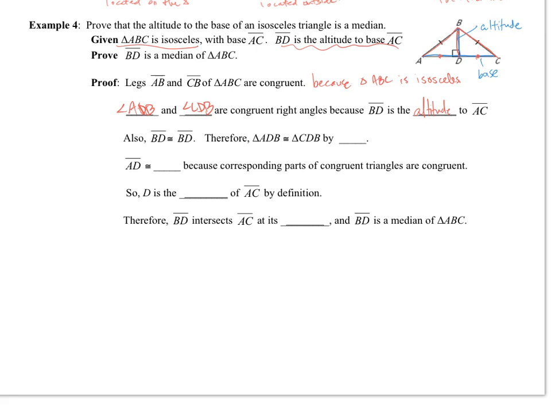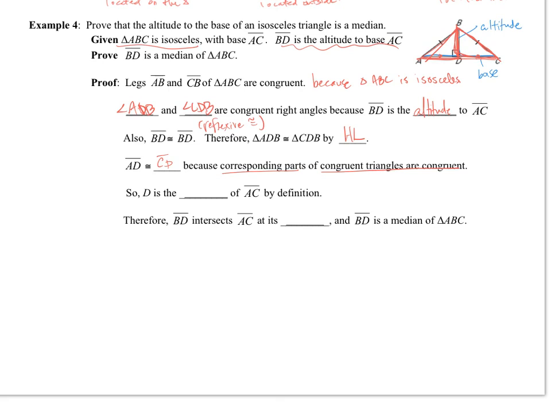And also by the reflexive property of congruency, BD is congruent to BD. Therefore, triangle ADB is congruent to triangle CDB by HL, hypotenuse leg. And therefore we can state AD is congruent to CD because corresponding parts of congruent triangles are congruent.